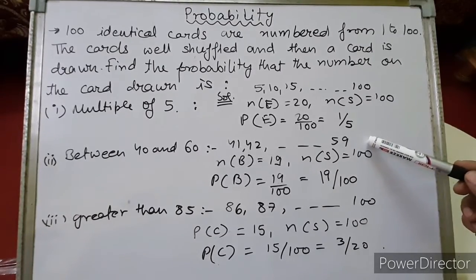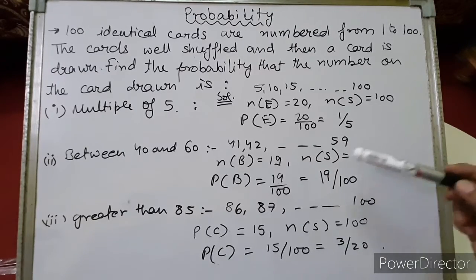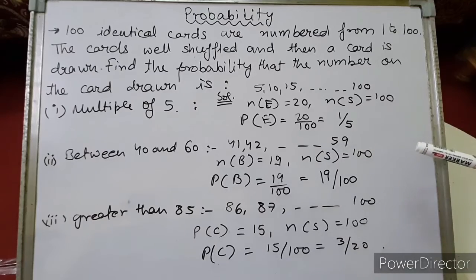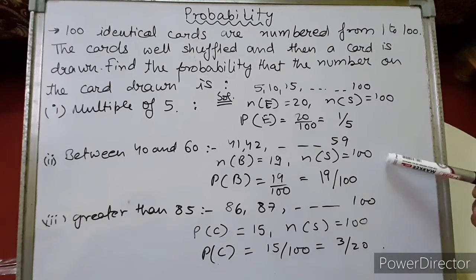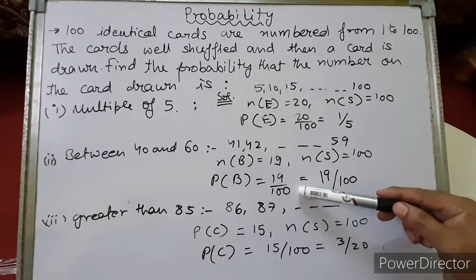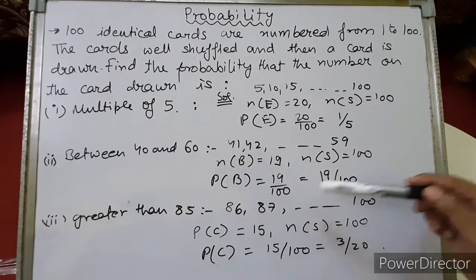All the numbers between 40 to 60 are the favorable events. So when we count the numbers between 40 to 60, how many numbers will we get? 41, 42 up to 59 will be 19 numbers. So the number of favorable events B is 19 and the sample space is 100. Total number of outcomes is 100. So the probability of event B happening will be 19 upon 100.